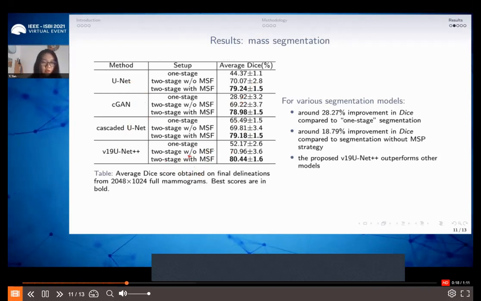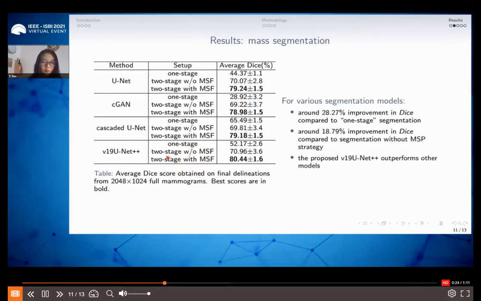This table shows comparative segmentation results on 2048 times 1024 full mammograms for each model in three schemes, respectively one-stage segmentation, two-stage segmentation without multi-scale fusion, and two-stage segmentation with multi-scale fusion. The one-stage segmentation means to segment directly from the full mammogram using the segmentation model without the localization step.